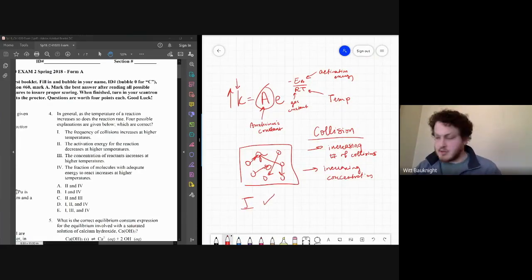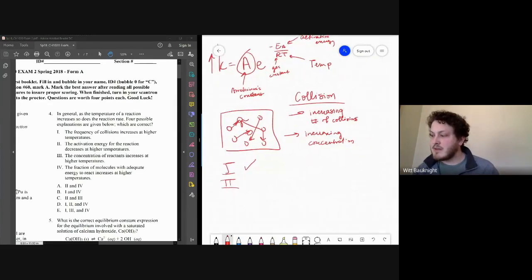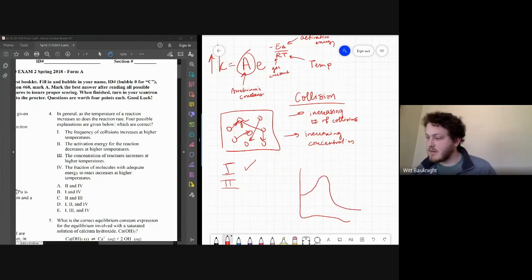So let's talk about statement number 2. Statement number 2 says the activation energy of a reaction decreases at higher temperature. Well, let's look at a reaction path, something like this. The activation energy is the energy difference between a reactant and the transition state.